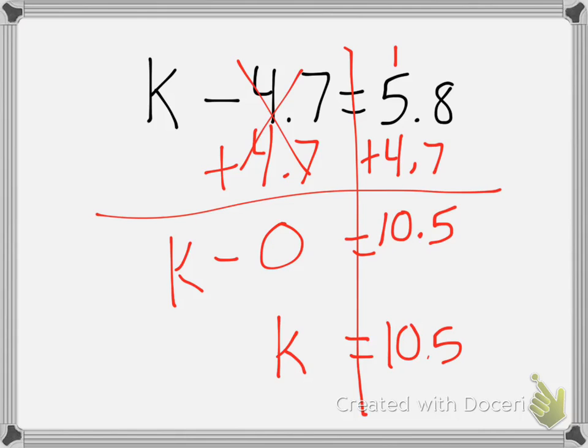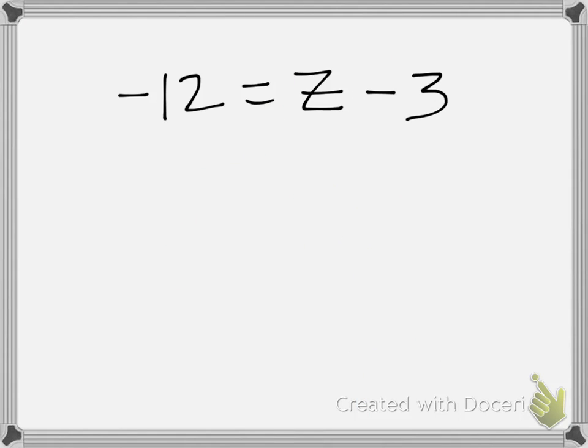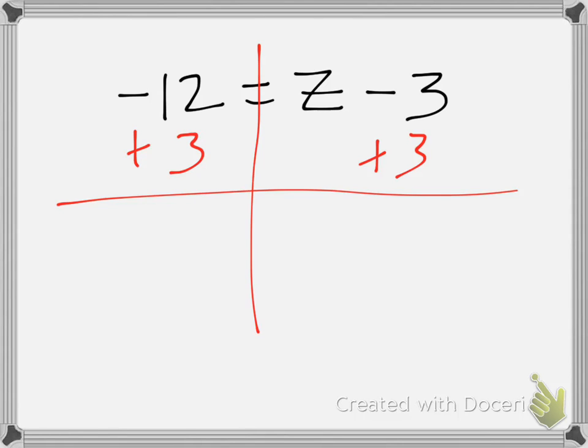All right, let's look at one more. You've got negative 12 is equal to Z minus 3. You draw your line straight down through. What's being done? We're subtracting, so we're going to add 3 to both sides. This is going to cancel out. Z minus 0. Now on the other side, we're working with integers.